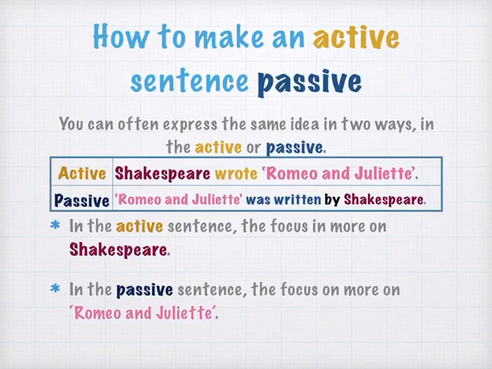In the active sentence, the focus is more on Shakespeare, because he's the subject of the sentence. And in the passive sentence, the focus is more on Romeo and Juliet, because Romeo and Juliet is the subject of the sentence. So Shakespeare is the focus in the first; Romeo and Juliet is the focus in the second.